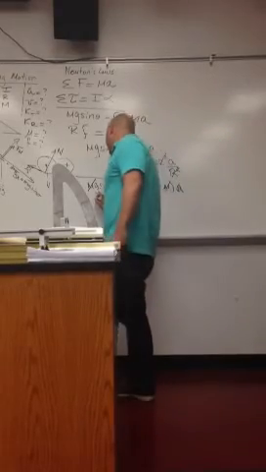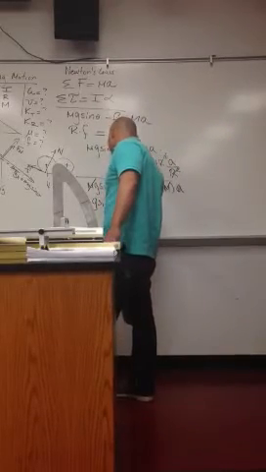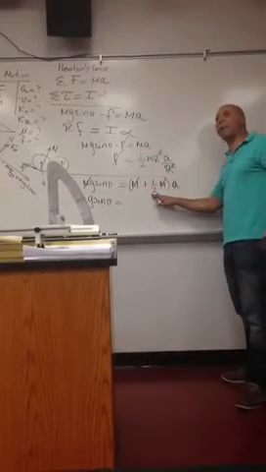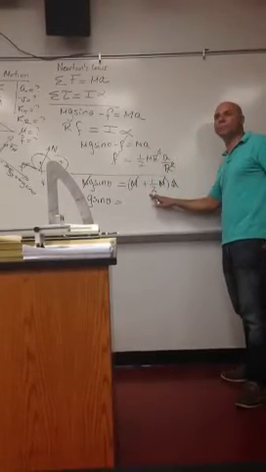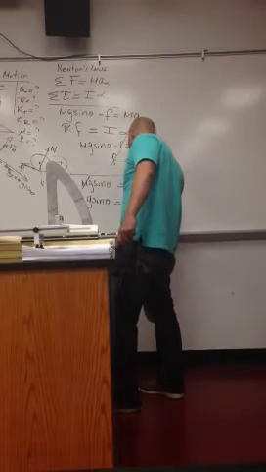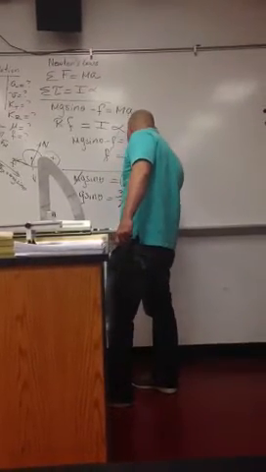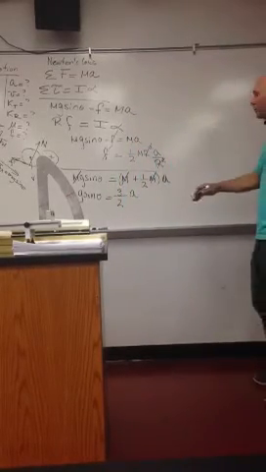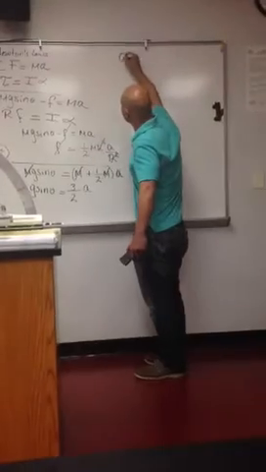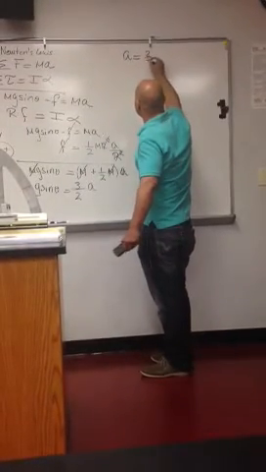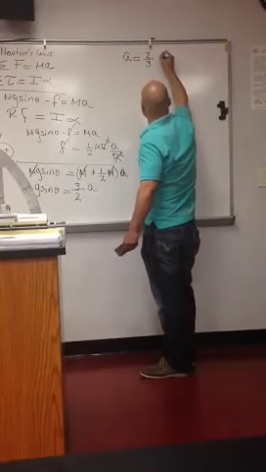So what I will get is g sine theta equal to 1 plus 1/2, how much will that be? 3/2 times A. In the case that the disk is moving, what will be A? 2/3 g sine theta.